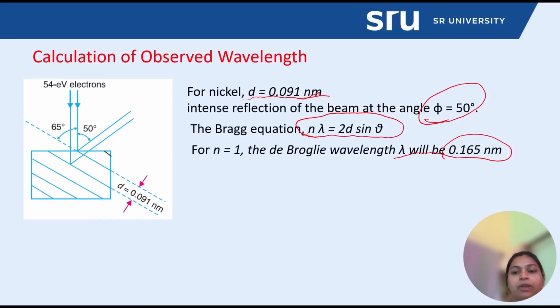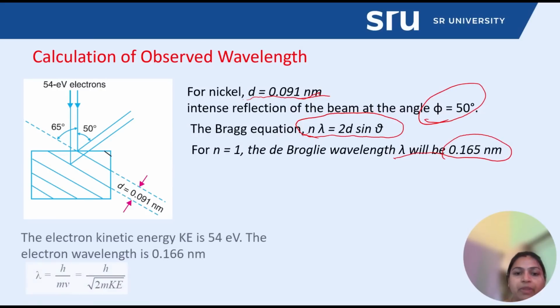Now the interesting thing is that, from the electron kinetic energy at 54 volt, the electron wavelength using this formula is 0.166 nanometer. So from this experiment we calculated the de Broglie wavelength, and using the electron kinetic energy at 54 electron volt, the wavelength we get is 0.0166 nanometer.